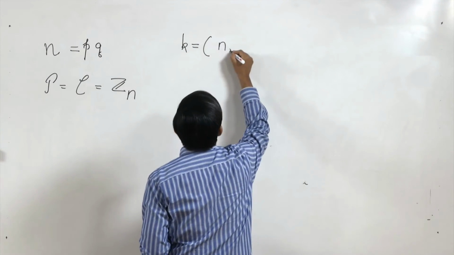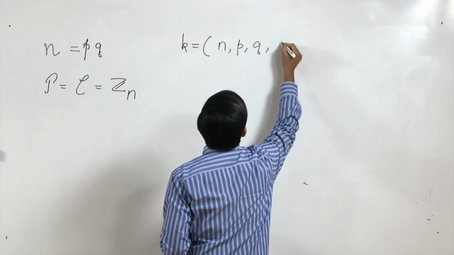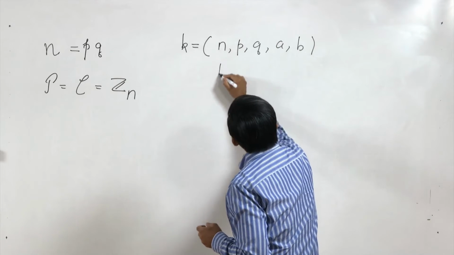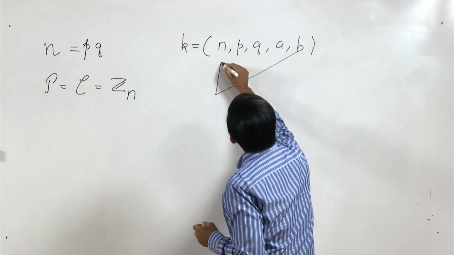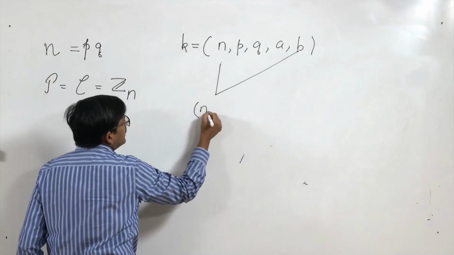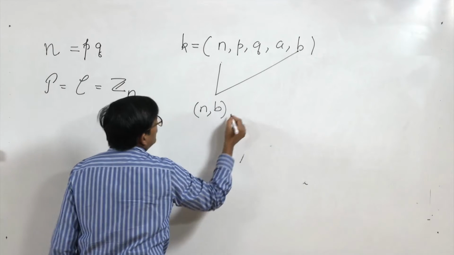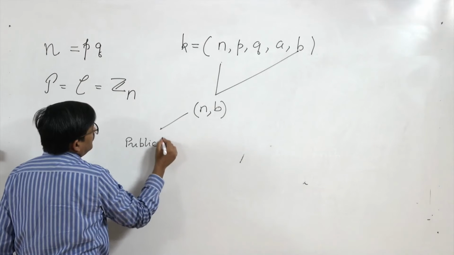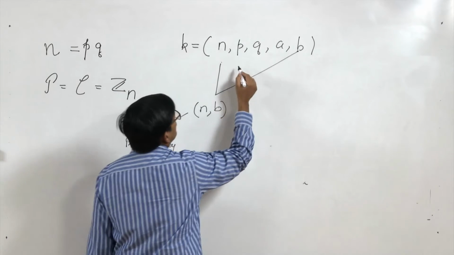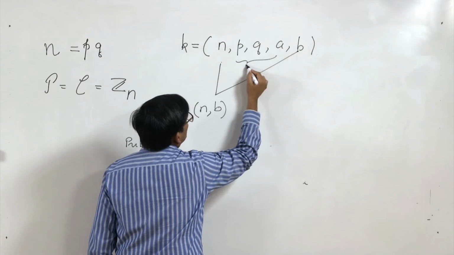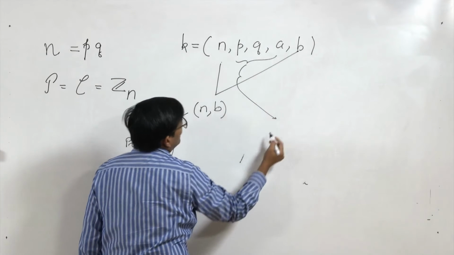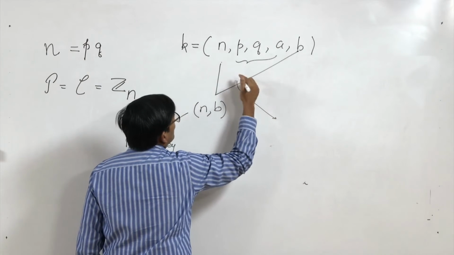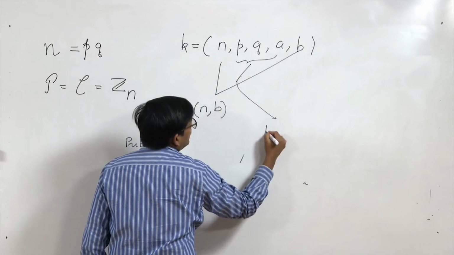So, this is N, P, Q, A and B, and these two elements, N and B, make up the public key, and the rest, P, Q and A, make up the private key.